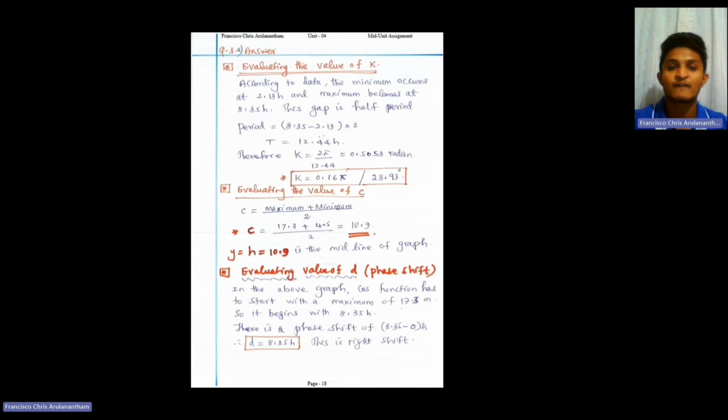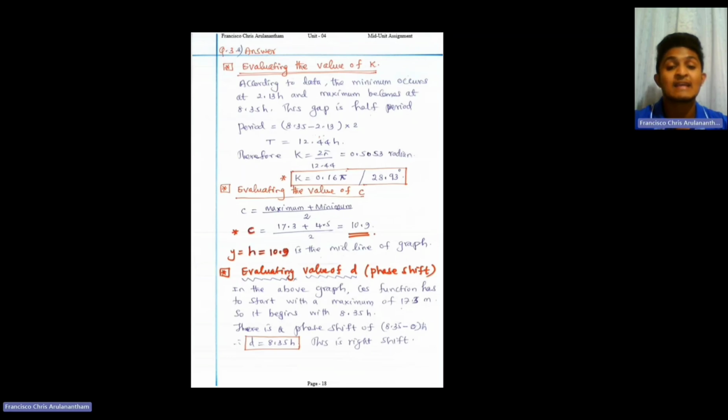Next, evaluating the value of k. According to the data, the minimum occurs at 2.13 hours and the maximum at 8.35 hours. This gap is half the period. Period is equal to (8.35 minus 2.13) times 2, so the period is 12.44 hours.